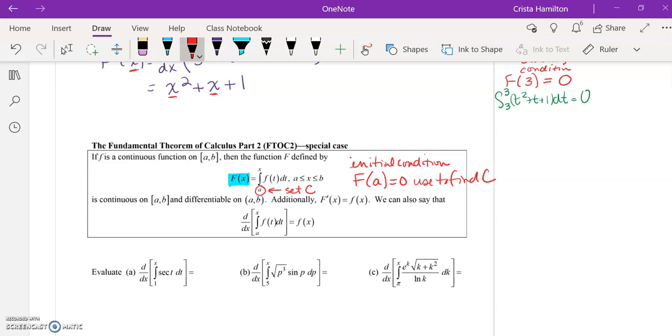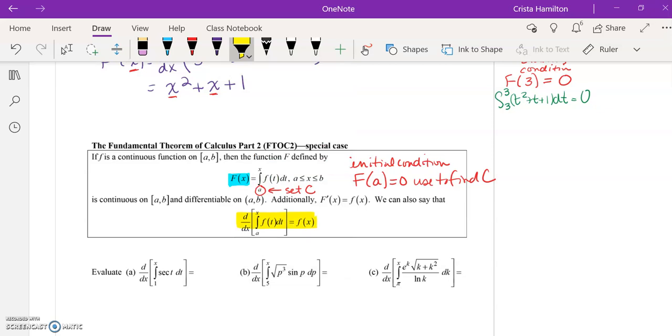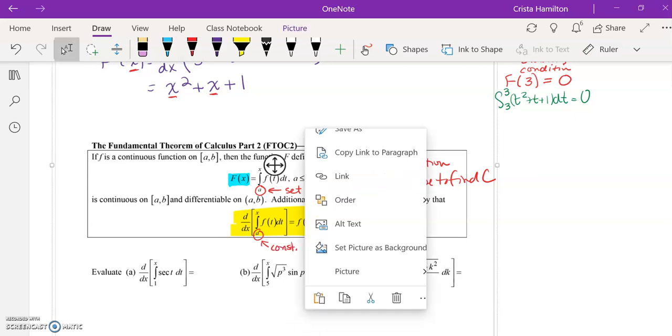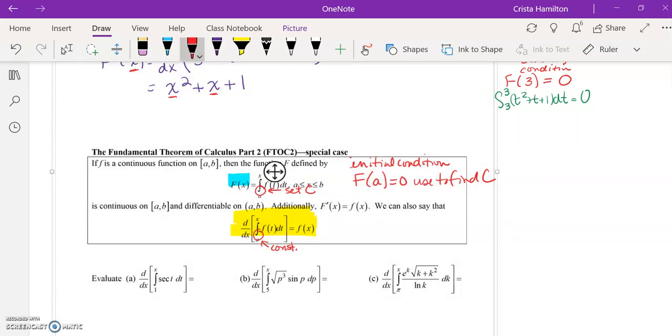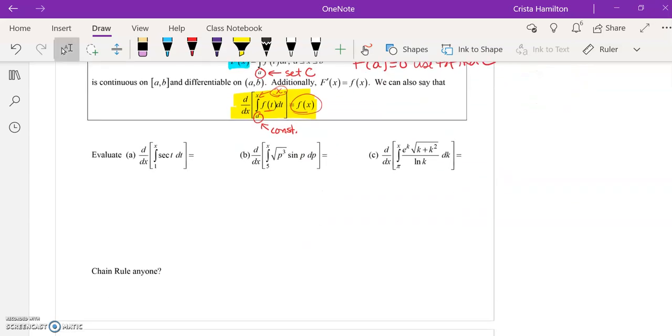If they ask for the derivative of an antiderivative, provided the number here is a constant, and the top bound is the variable x, it has to be an x there, then we simply take this input, plug it into the derivative inside, and that becomes the derivative. Super easy when you look at it.